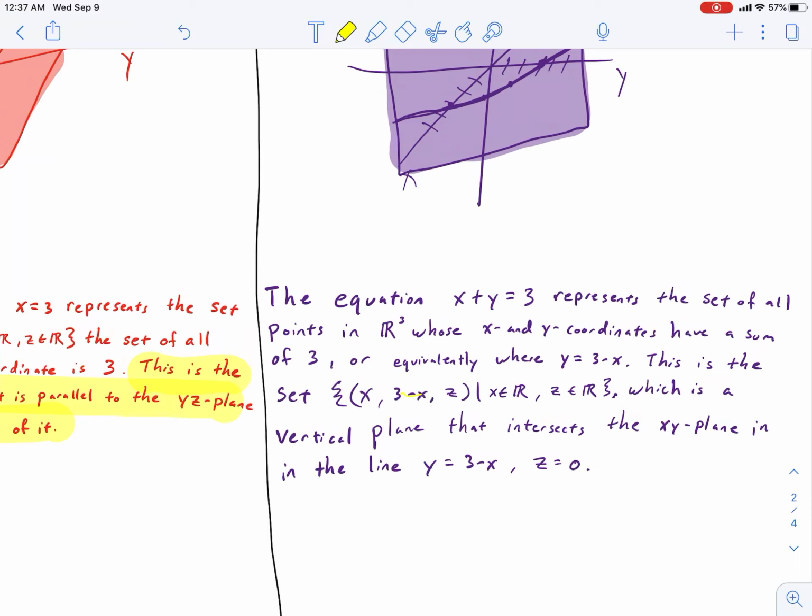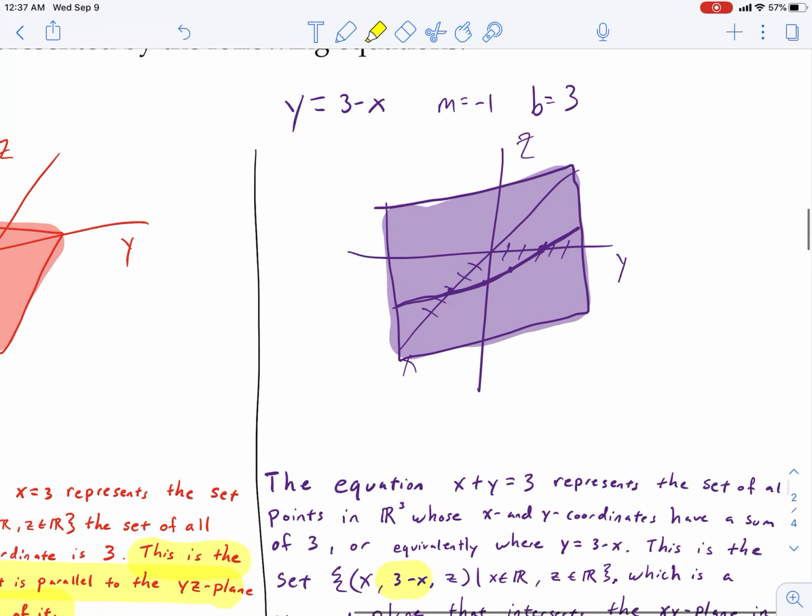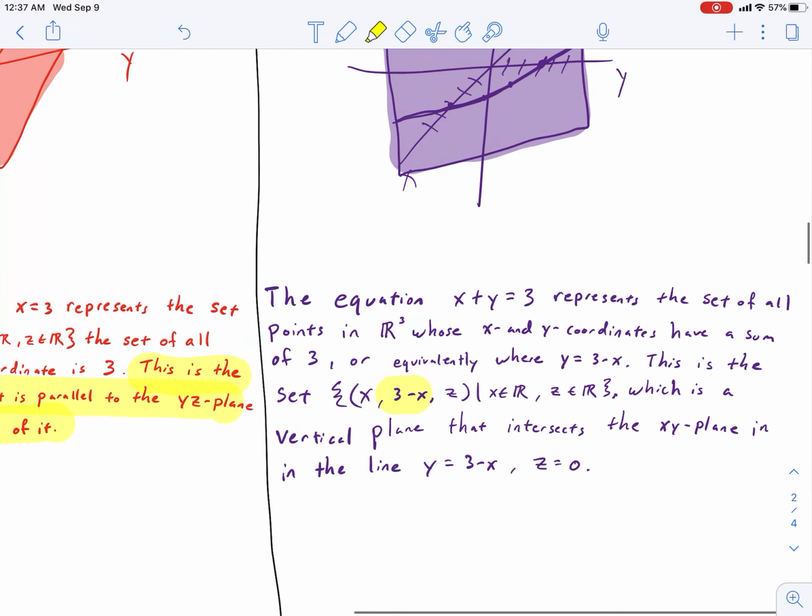Notice for the y value, I went ahead and put 3 minus x because we defined y to be 3 minus x. And z, where x can be any number and z can be any number. I don't have to define y because I defined y in terms of x.